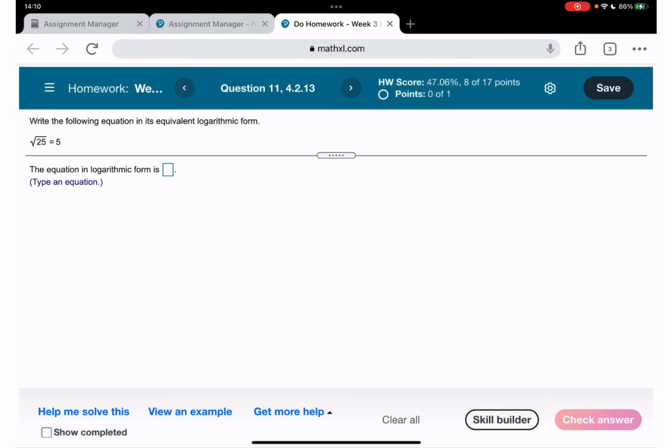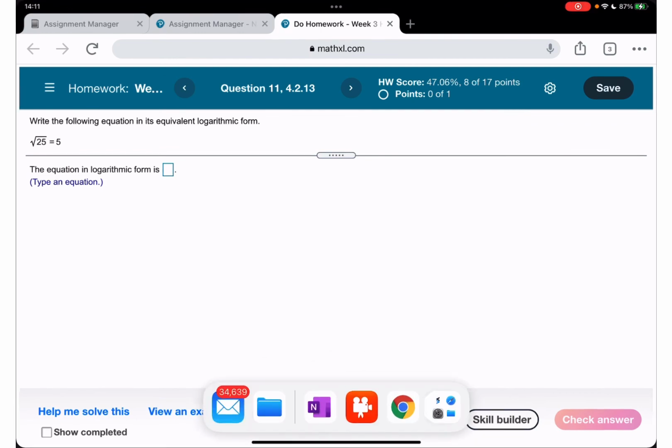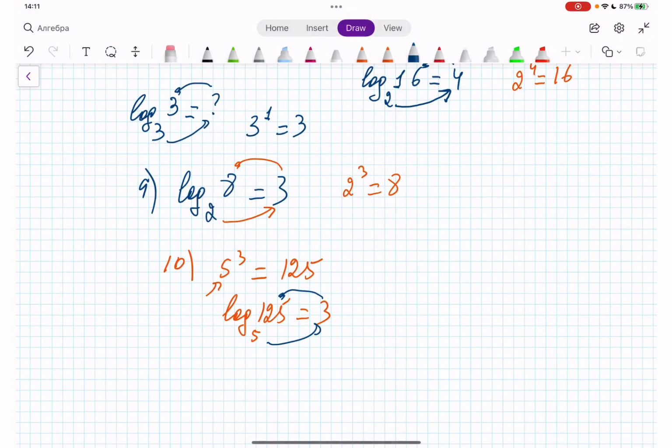Question number 11. So square root of 25 is equal 5. What do we need to do? Write it down in the form of logarithm. Let's do it. Square root of 25 is equal 5.